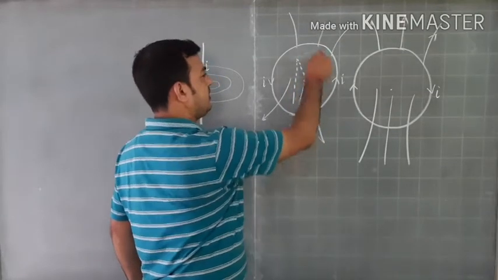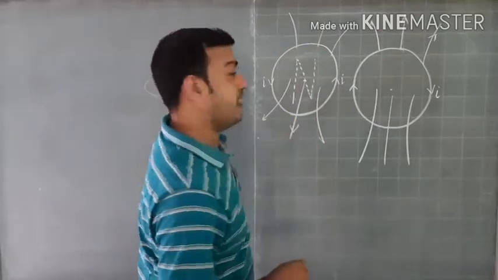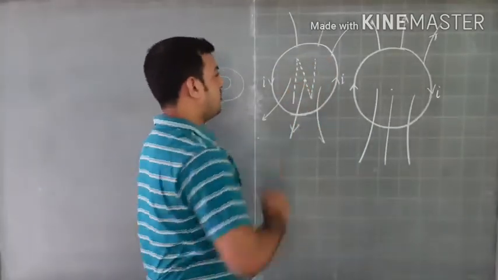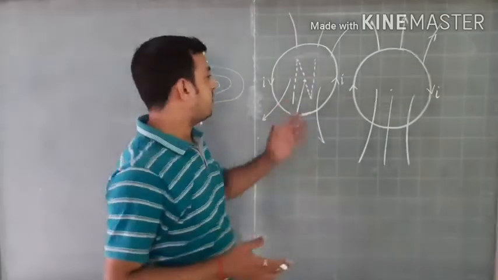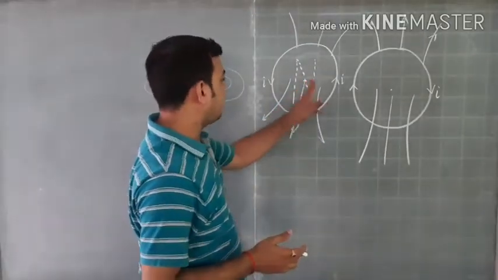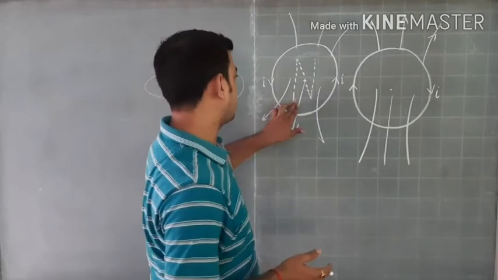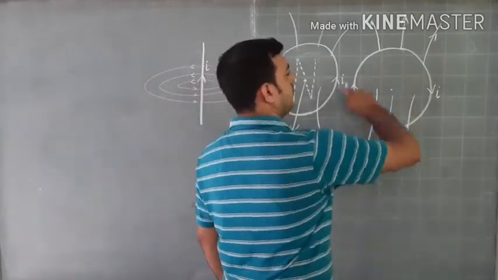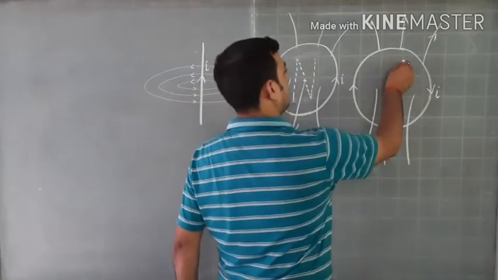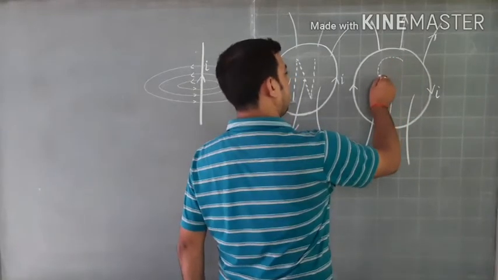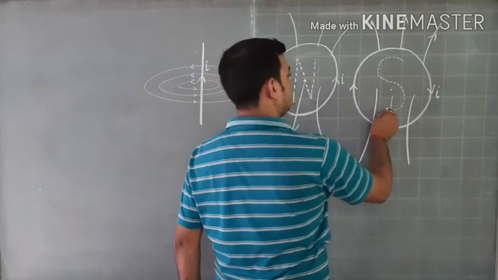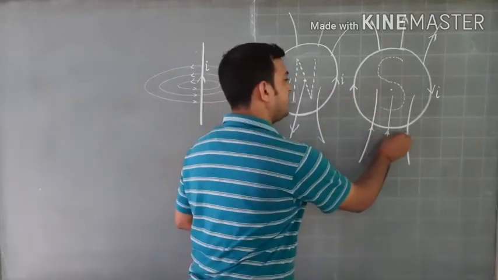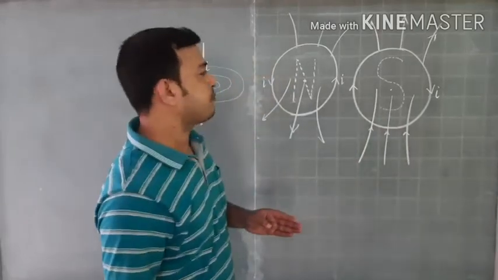So if the current is in the anti-clockwise direction, the front face will behave like a north pole, and we know that for a north pole the magnetic field lines originate. Now in this case, when the current in the loop is in the clockwise direction, the front face behaves like a south pole, and you know that the magnetic field lines enter at the south pole.